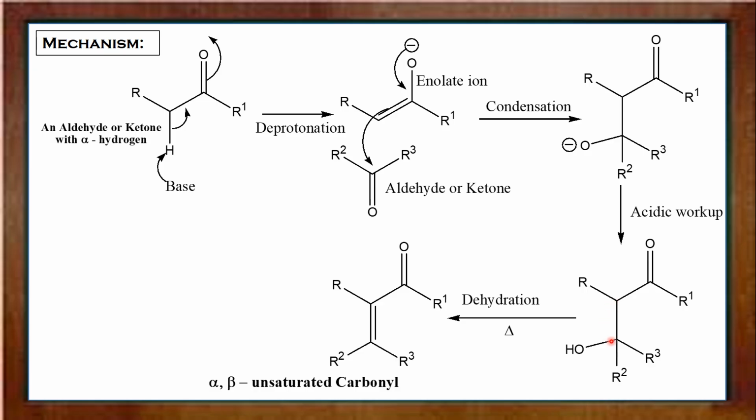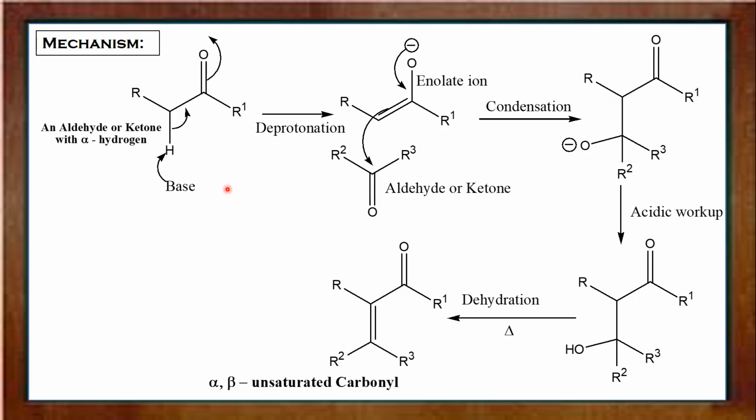When we add a strong acid and heat it, the OH will get protonated and it will go out as water, resulting in a carbocation, and that will be followed by deprotonation to form a double bond here. And we can do dehydration with strong bases by E2 reaction also.